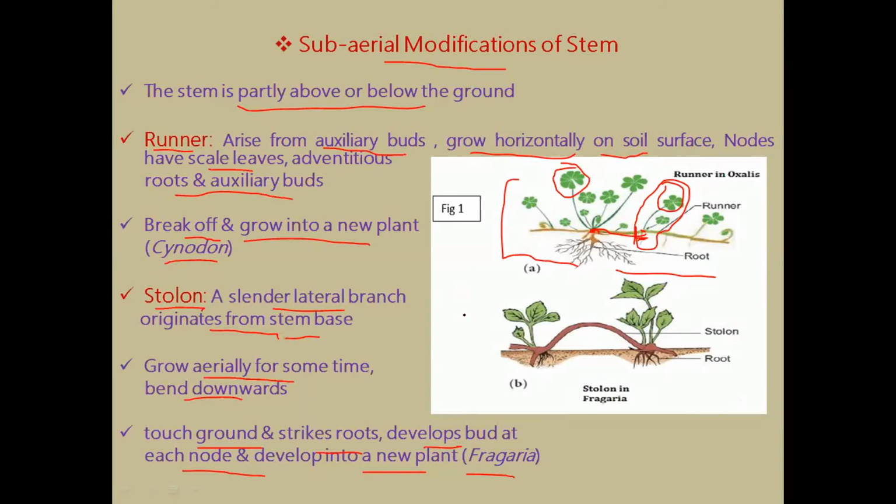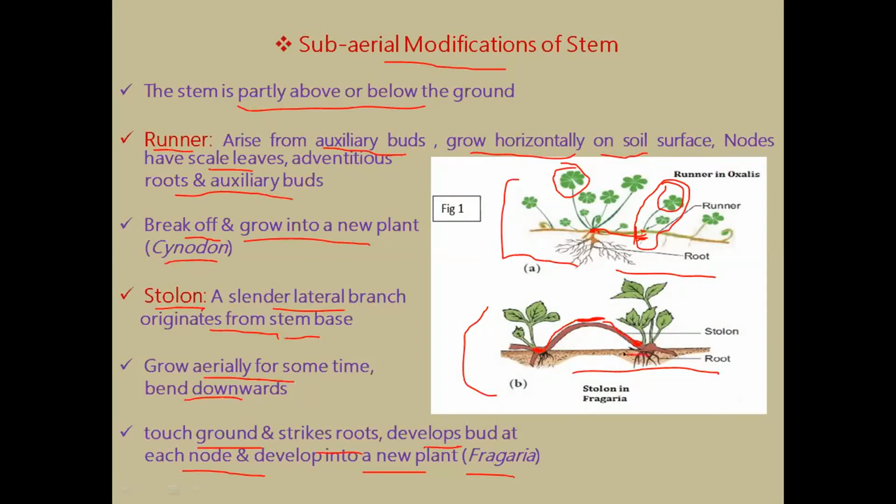The next one is stolon. So stolon originates from the base of the stem. This is a stem. This is the base of the stem. It grows aerially. You can see here, this is aerial growth. It grows aerially for some time, but then it bends toward the ground.